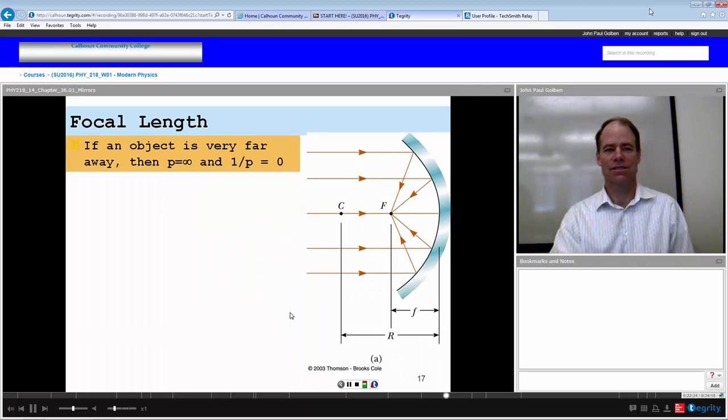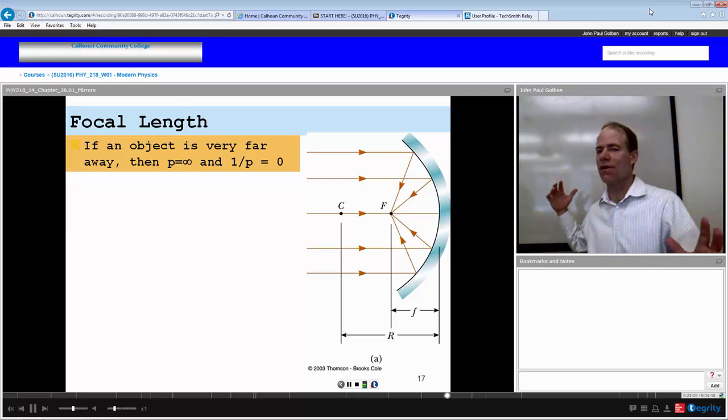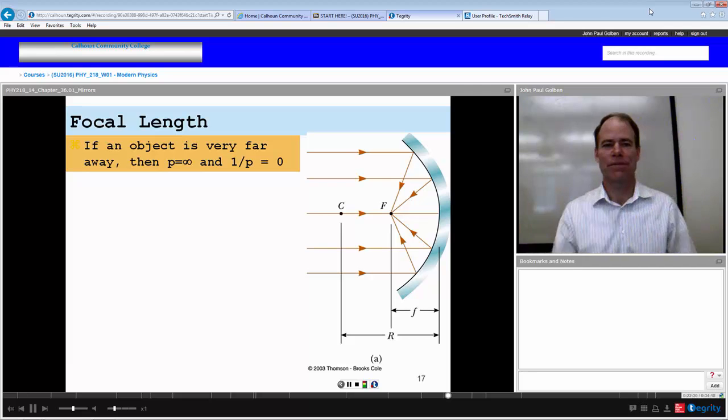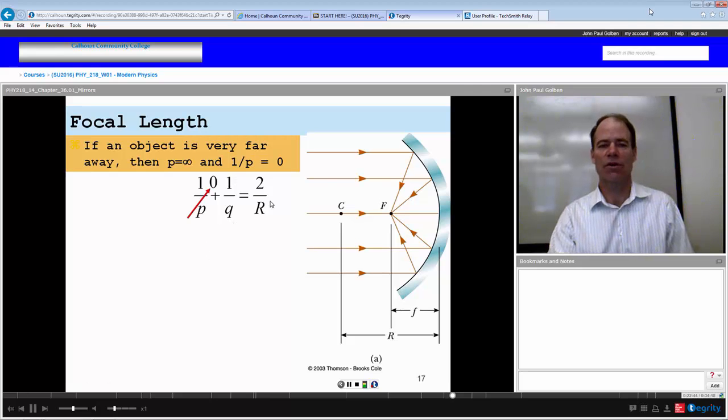Consider this. If we take this mirror equation, let's say the object is really far away from this concave mirror, then our object distance would be infinity, and 1 over infinity would be 0. So using this mirror equation in that case, we would have 1 over infinity for 1 over p, and that would be 0. So we simply would have 1 over q is equal to 2 over r.